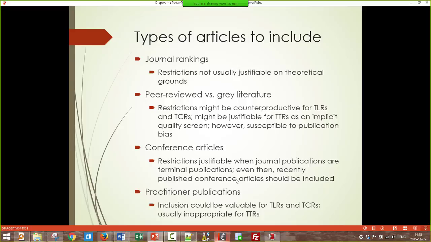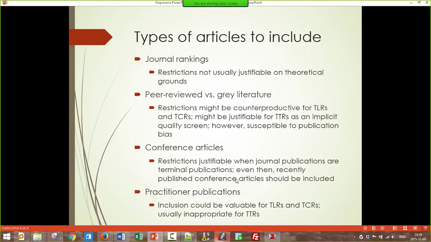Less than 6 months almost never happens. Sometimes 2 years. So the point being that if you want the latest information, it's probably in conferences, not in the journal articles. So at least look for conference articles in the last 2 or so years.